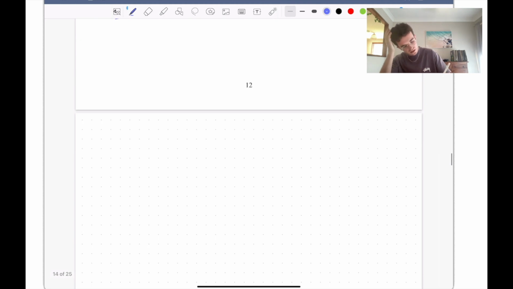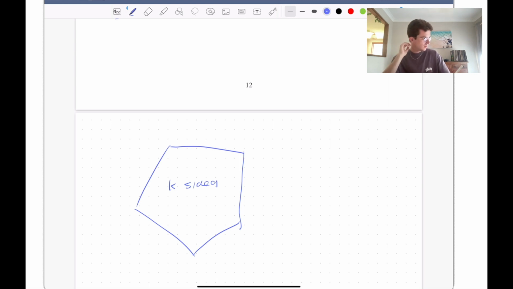Let's draw a k-sided polygon. So we might say that this is our k-sided polygon, and we want to add a k plus 1th side. So we might go like this and this. And that's going to be our k plus 1 sides.